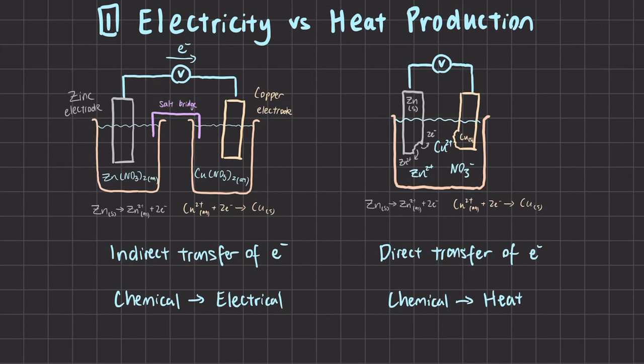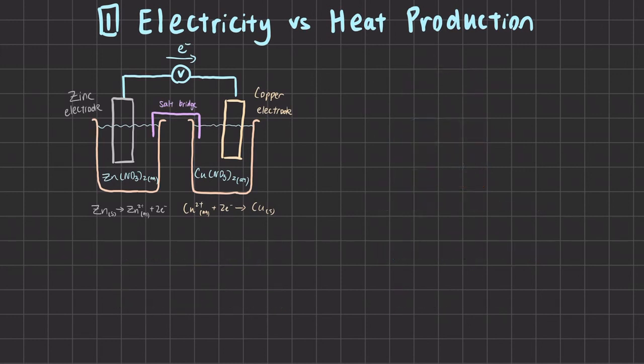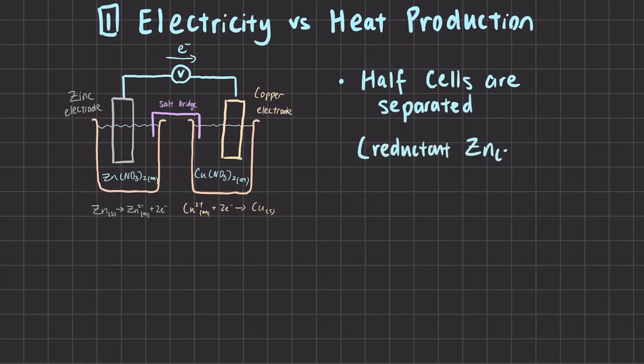So to summarize and answer the question, why a galvanic cell makes electricity, there's two key points that you need to know. First is that the half cells are separated. So the zinc solid, or the reductant, and copper 2+, the oxidant, are physically separated. So there's no way for them to directly pass their electrons between each other.